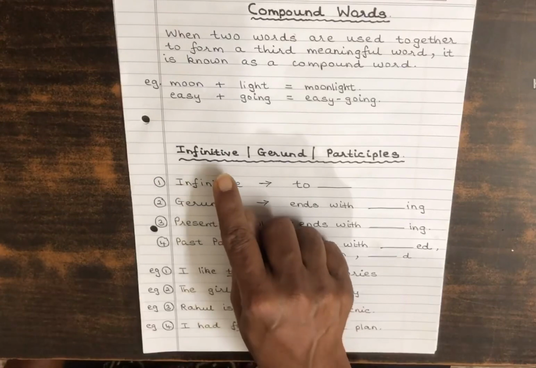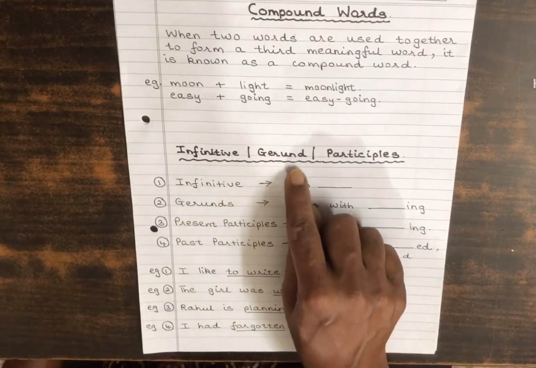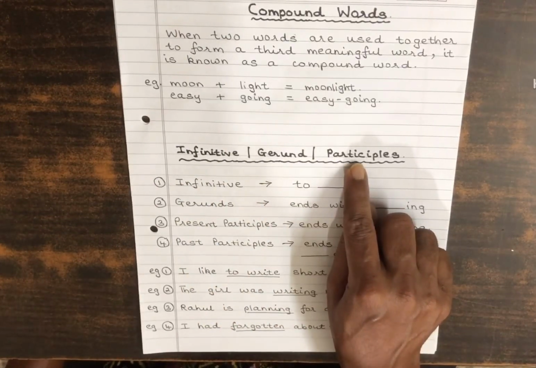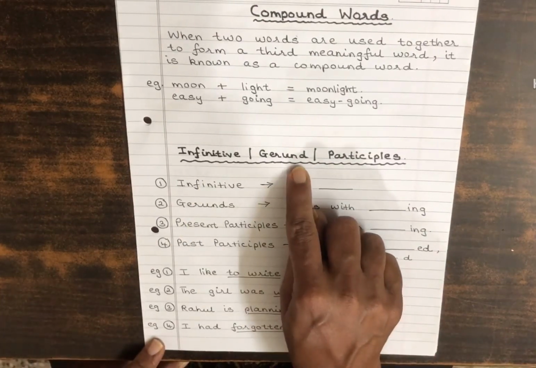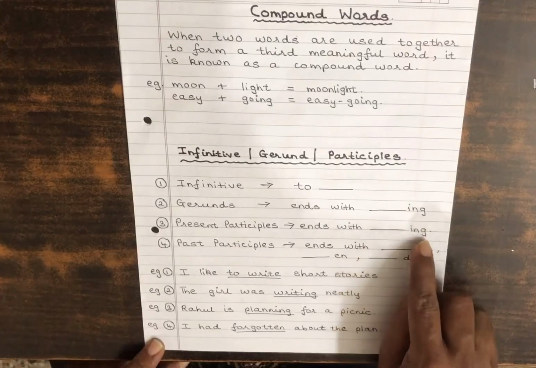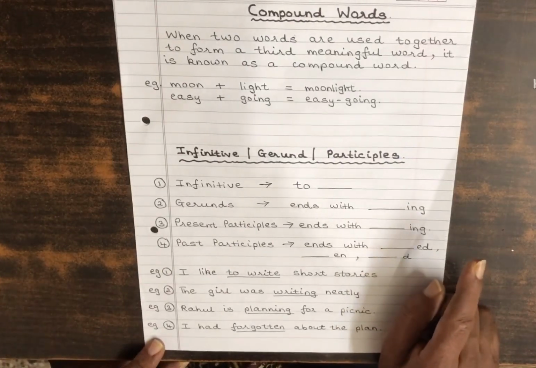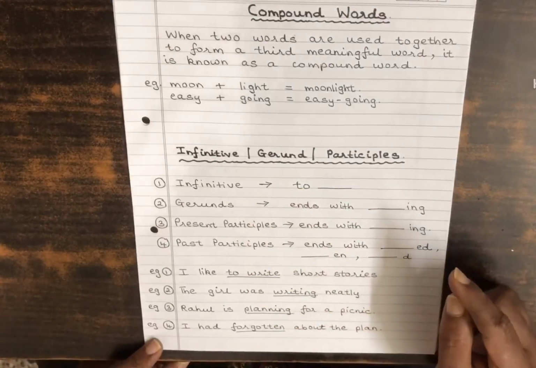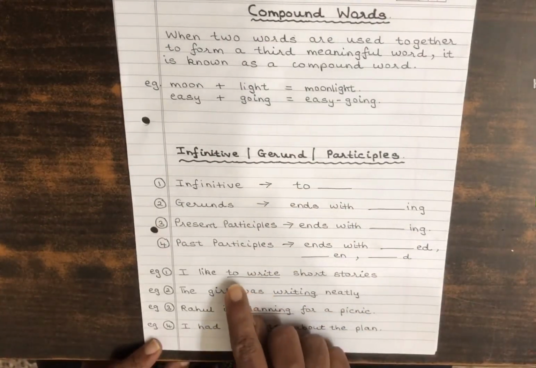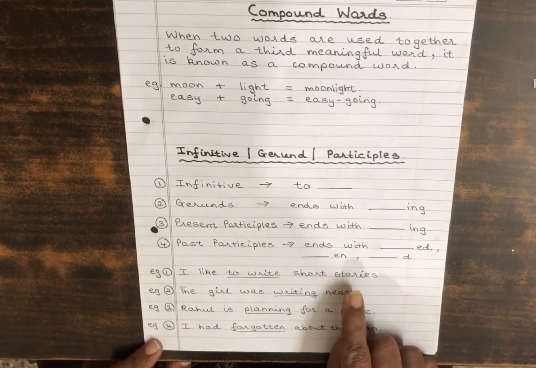Now, pick up the infinitive, gerund or present participle. Now, infinitive is 'to', gerund and participle is 'ing'. Okay, so whenever they say, any of this one will come in question 2. I like to write. So, to write is infinitive.